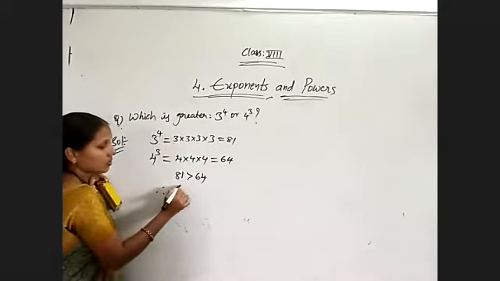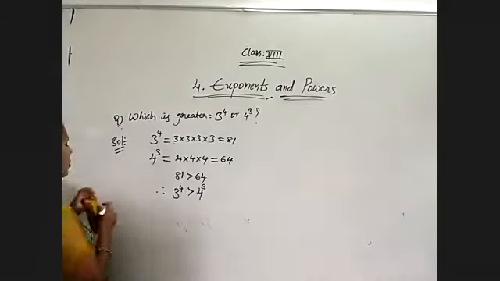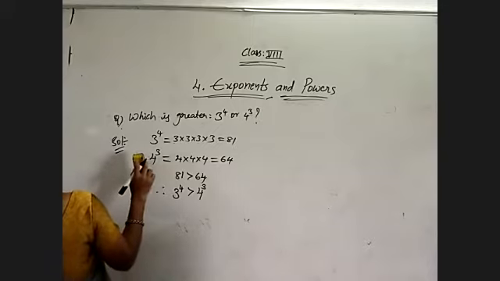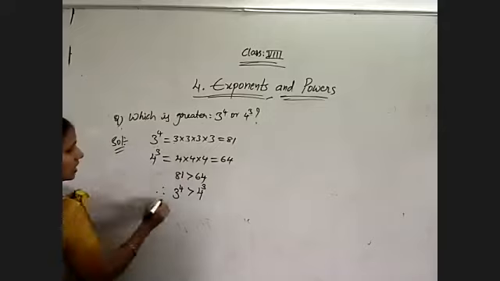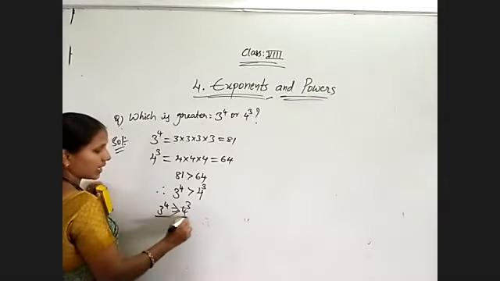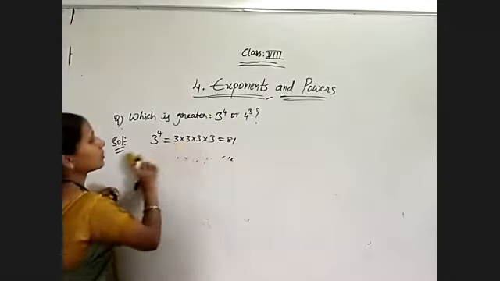That is, 3 raised to the power of 4 is greater than 4 raised to the power of 3. Like this, is 3 power 4 equal to 4 power 3? No, here the bases and exponents are different. So both are not equal. And coming to one question.